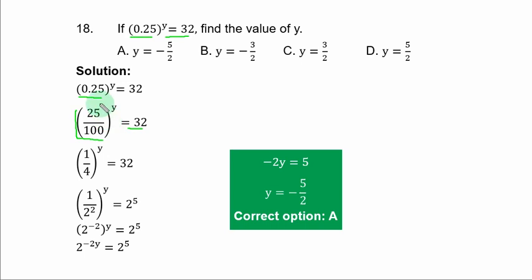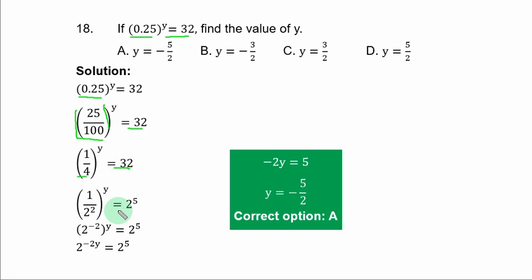If you reduce 25 over 100, you have 1 over 4 to the power of y equal to 32. The lowest base to 4 and 32 is base 2. So you have 1 over 2 squared to the power y equal to 2 to the power 5.